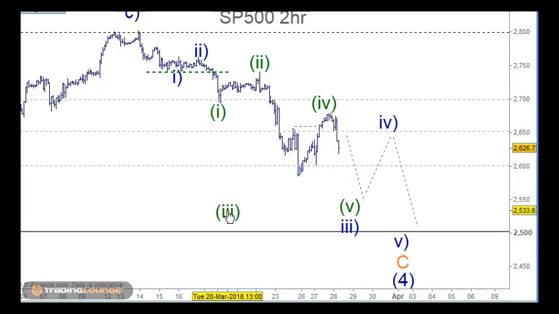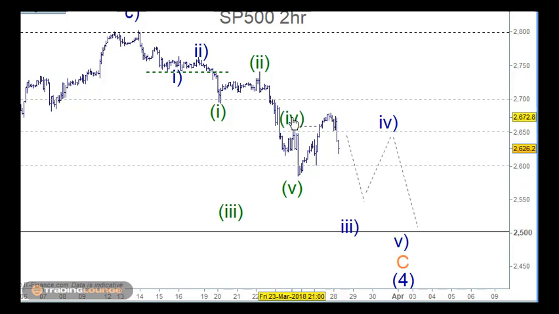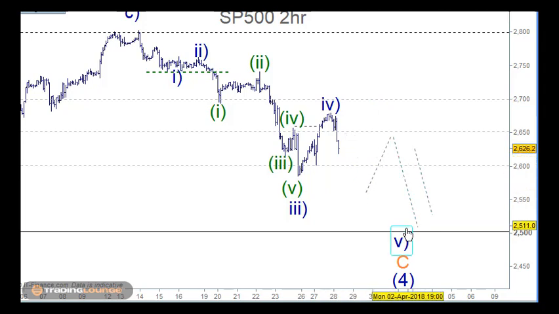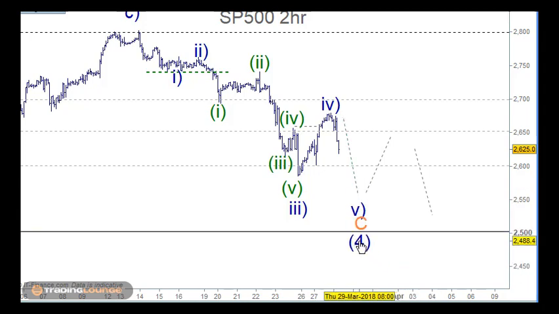But it's possible that if I remove these 3, 4 from here, put that there, and there, and just have one more length down through here as wave 5, that's also possible.